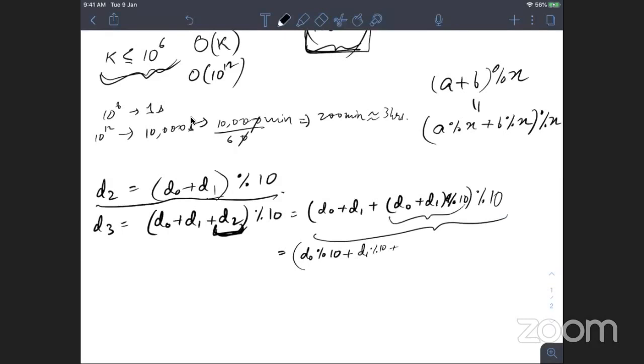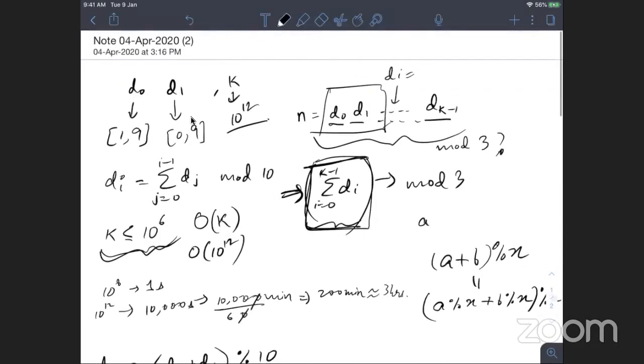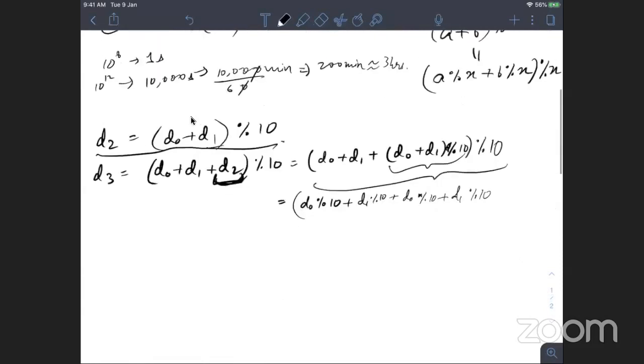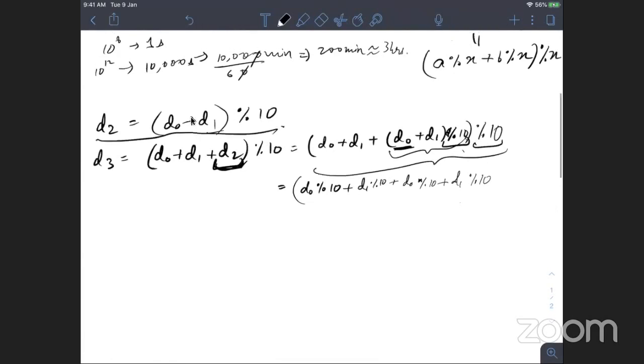Plus, when you open this up, you can again write this as D0 mod 10 plus D1 mod 10. Another property is that a mod x, whole mod x, is equal to a mod x. That is, taking the modulo under the same thing twice is still the same thing. Here, D0 is getting modded twice by mod 10, and D1 is also getting modded twice.